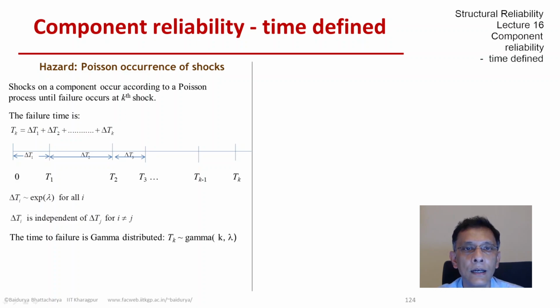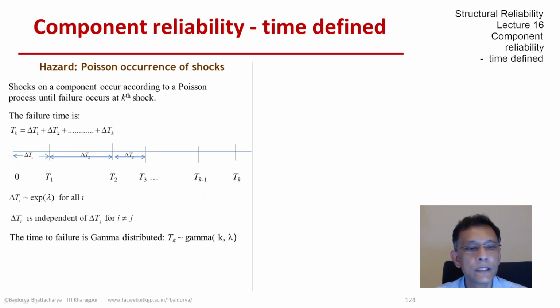We have that list of density and distribution functions, so if you need to look that up, please do so. Now with this information, let us see if we can find out what the hazard function corresponding to this failure model would look like, where failure occurs at shock number k when the shocks occur according to a Poisson process. So what does the hazard function look like for a gamma distributed time to failure.